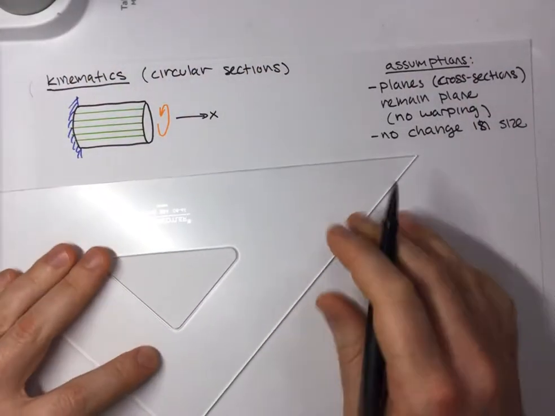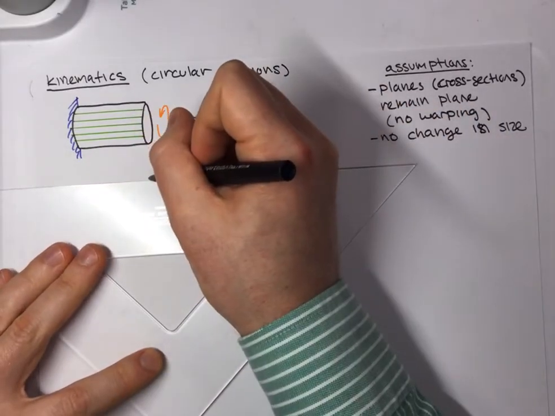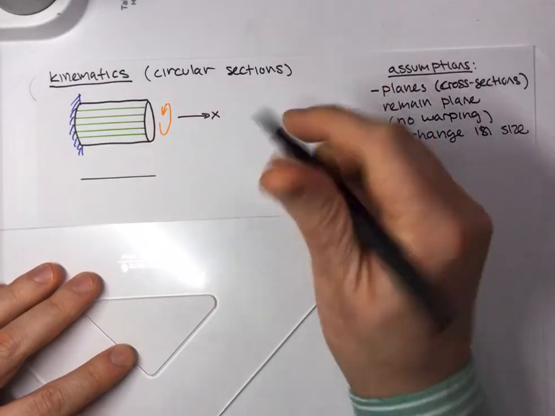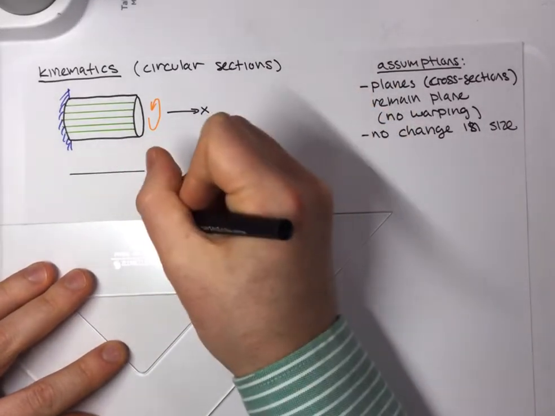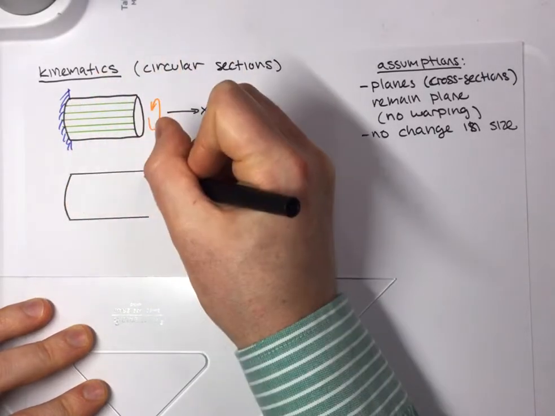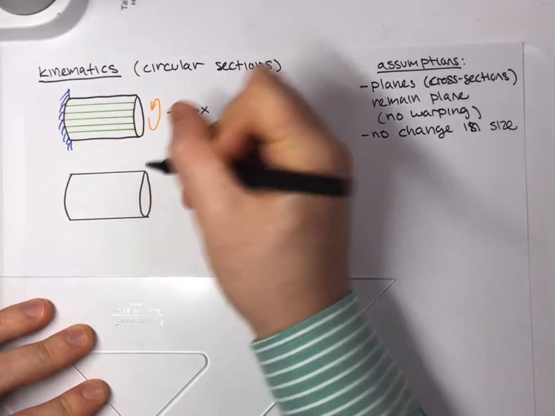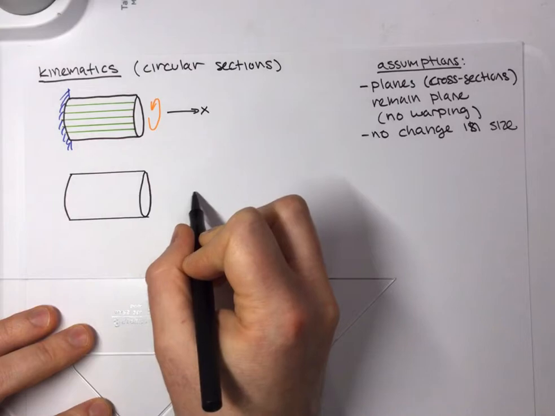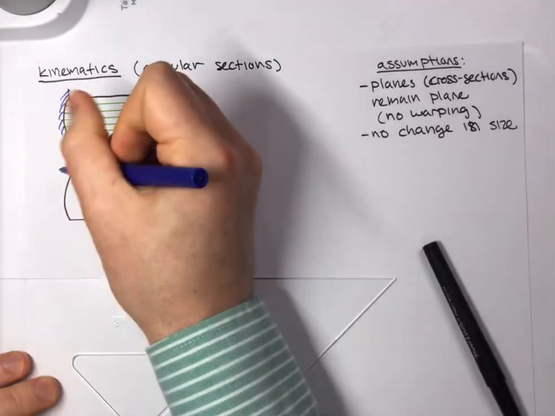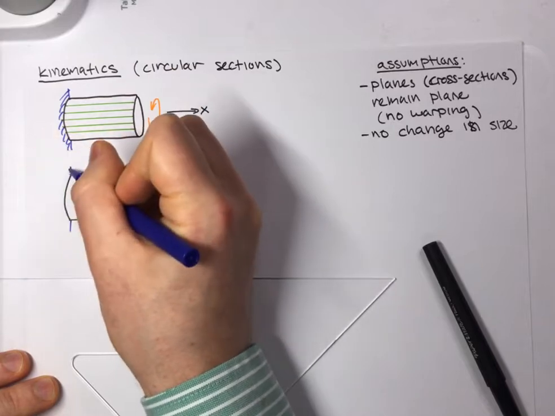I'm going to draw a second rod now in the deformed configuration. See if I can do this. And here's our axis again. We're going to have this still be fixed to the wall.